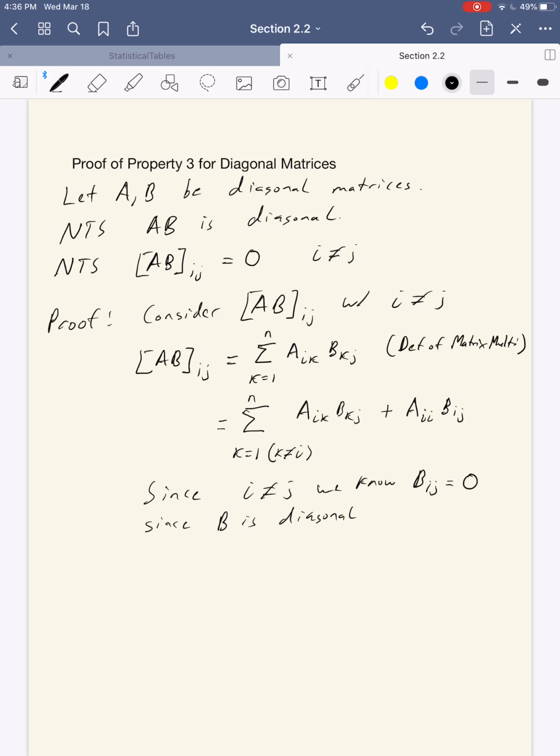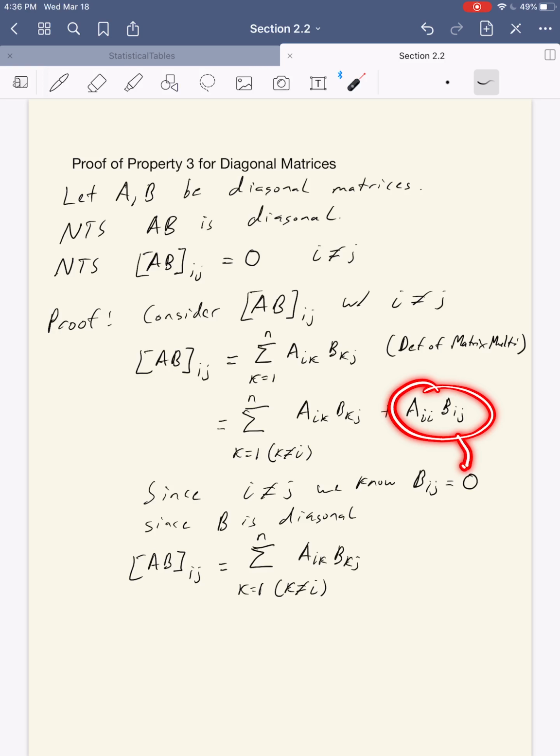And remember, if you're diagonal, all your elements off of the diagonal must be 0. So we know that that guy is 0. So what we can say then is that (AB)ij is actually just equal to the sum from k equals 1 and k not equal to i up to n of aik bkj. Because that whole term back here, we know that it's going to be 0, so this whole thing is technically plus a 0 there.